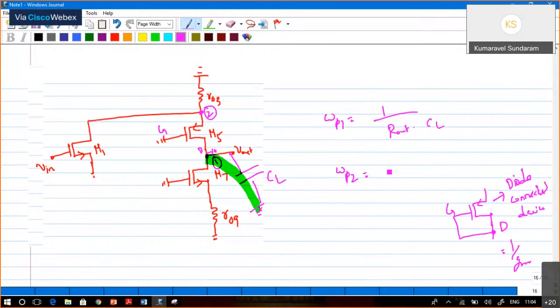So 1 by gm5 parallel RO3, parallel to that capacitance CP2.